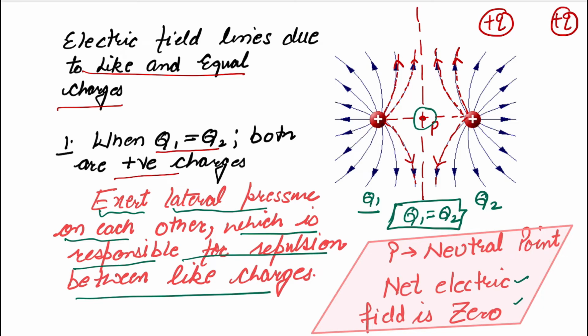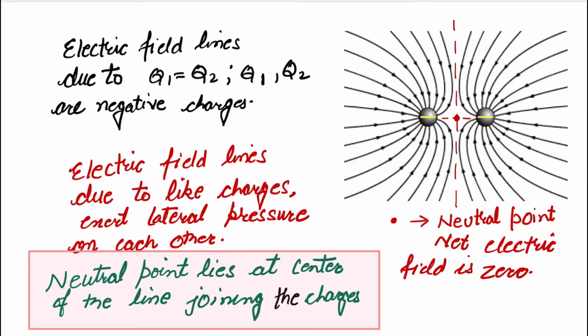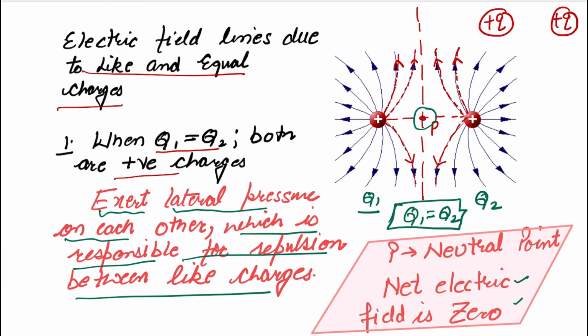The next case is when both the charges are negative. The first charge is minus q and another charge is again minus q. Both the charges are negative but they are equal in magnitude. The only difference is that the arrows are put inward. As you can see, in the previous case the arrows were outward, away from the charge.